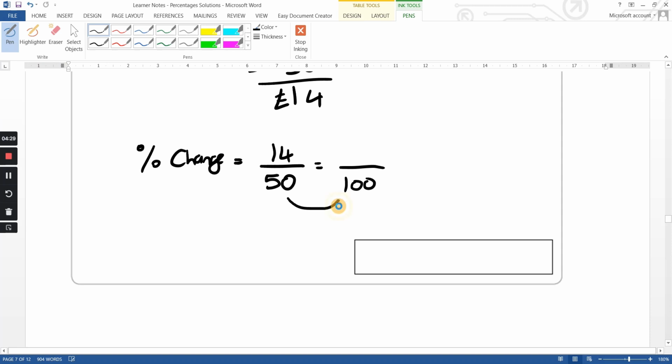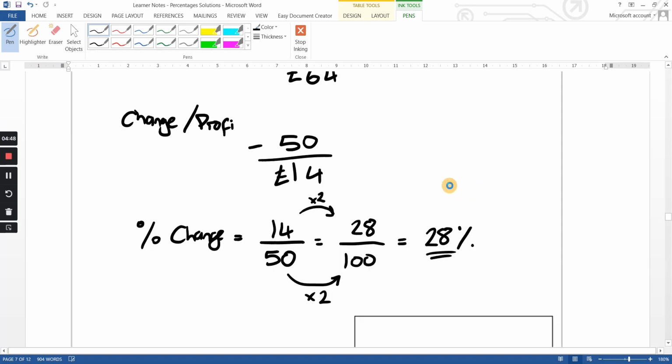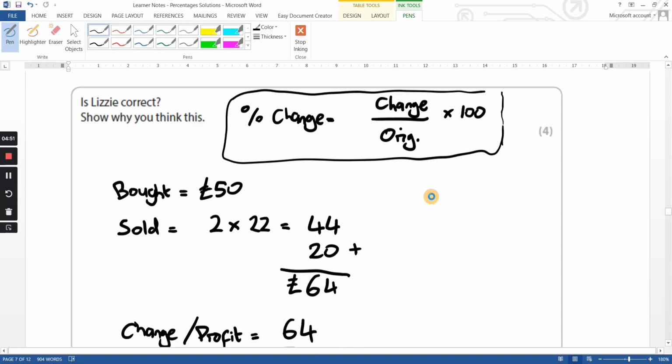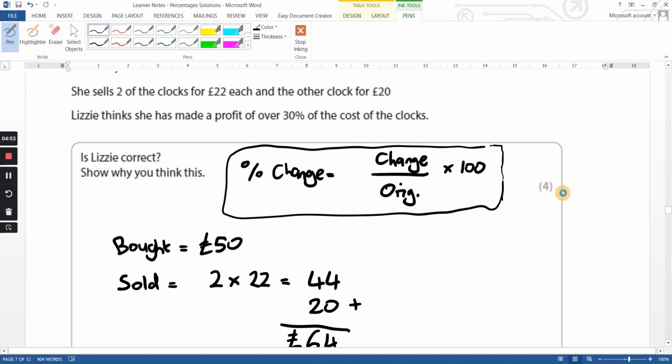So I'm going from 50 to 100, you're multiplying by 2, and so you'll have to do the same for the numerator as well. That's going to give you 28, which is the same as 28%. So if you can show 28% as your answer, you know you've got most of the marks already.